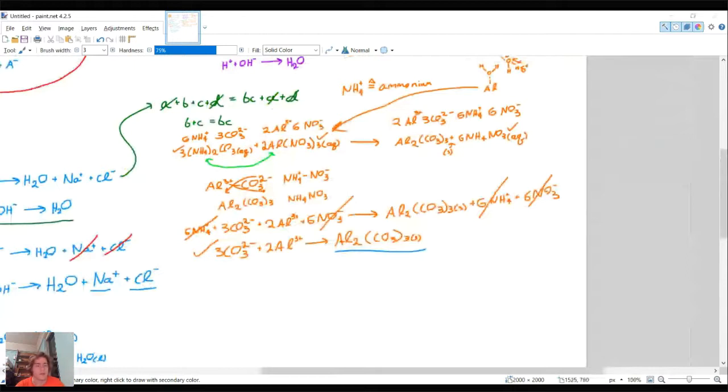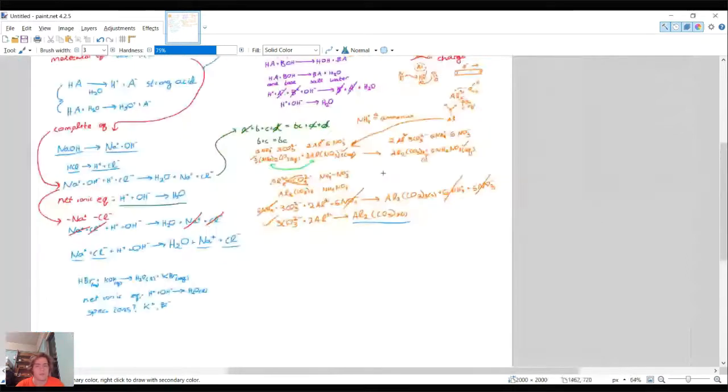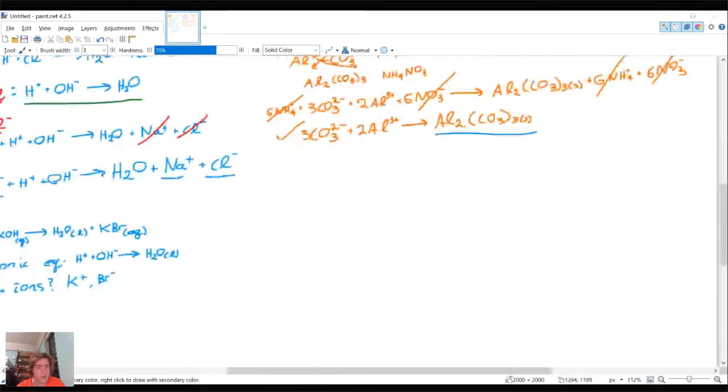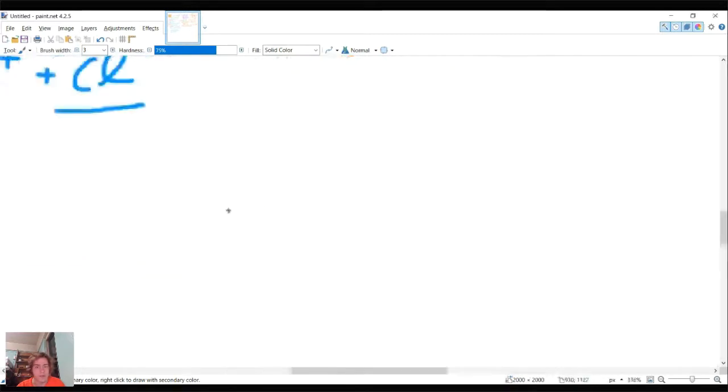Another example I can break out: redox. We haven't done redox. So let's do the next kind of reaction that involves a net ionic equation. This is called a redox. So we're going to look at an example.